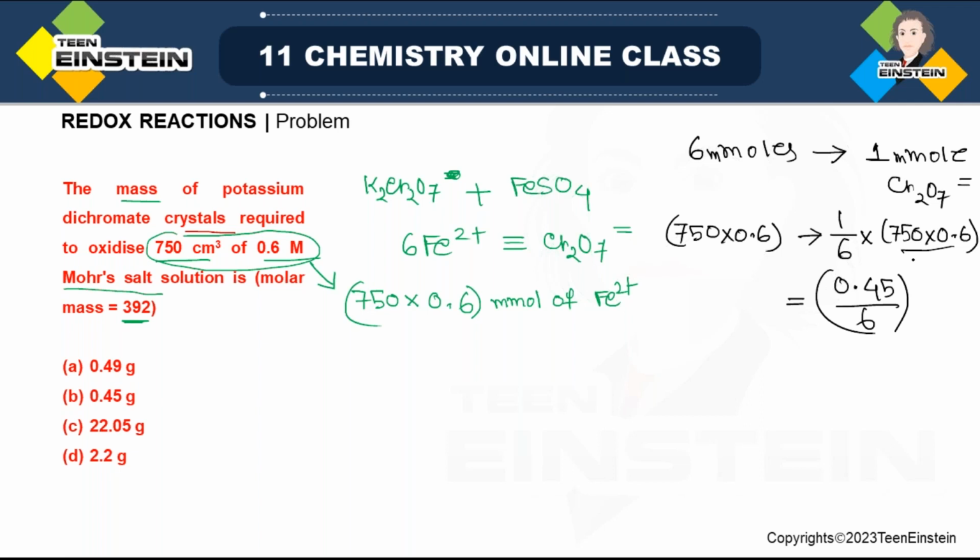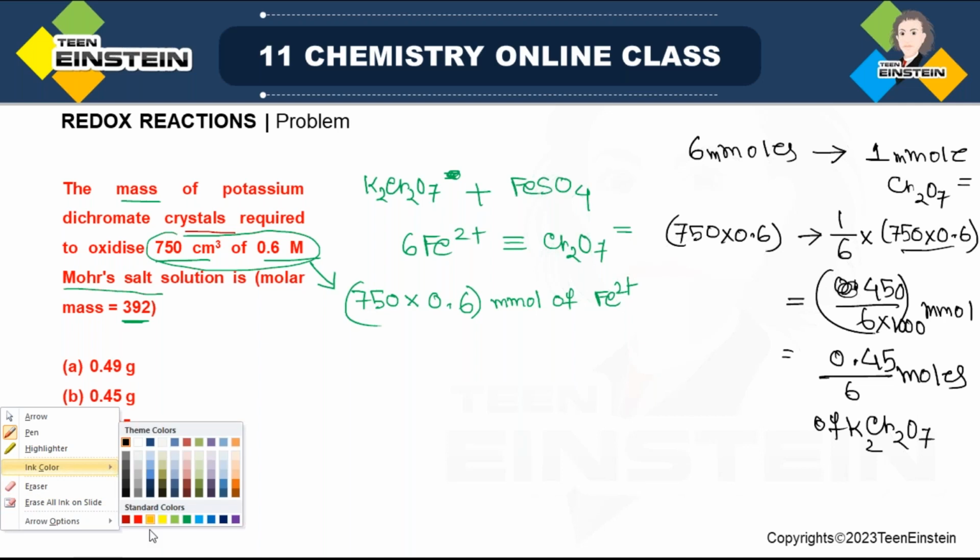Let me do the calculation once. Basically it will be 450 divided by 6 millimoles, but if you convert it to moles, it should be divided by 1000, and then it will be 0.45 divided by 6 moles of K2Cr2O7. Fine.